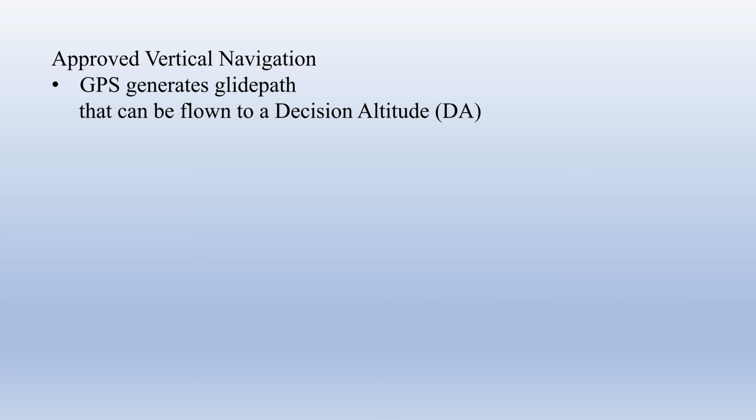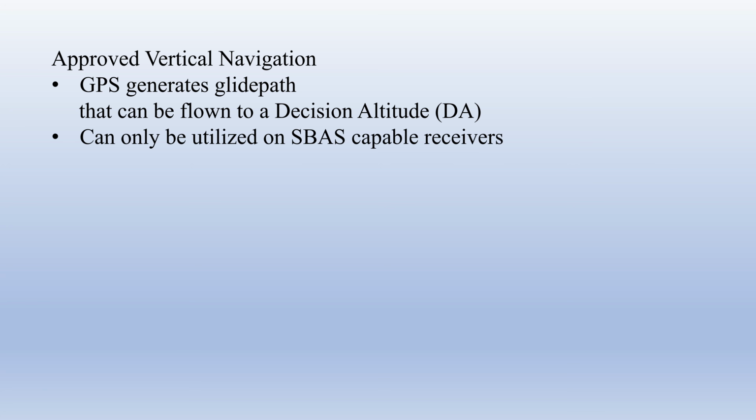With approved vertical navigation, the GPS generates a glide path that can be flown to a decision altitude, similar to the way an ILS is flown. This can only be utilized on SBAS capable receivers. If you have a receiver that is LNAV only, it will not be able to generate a glide path that you can follow.